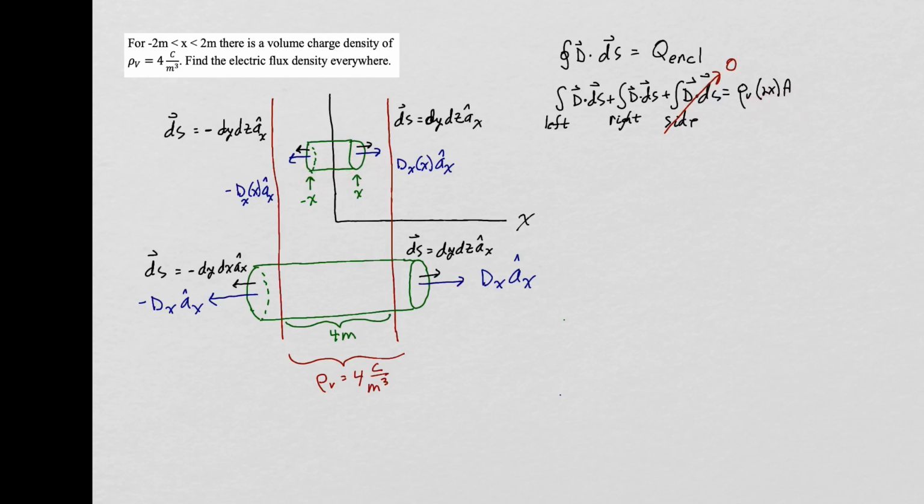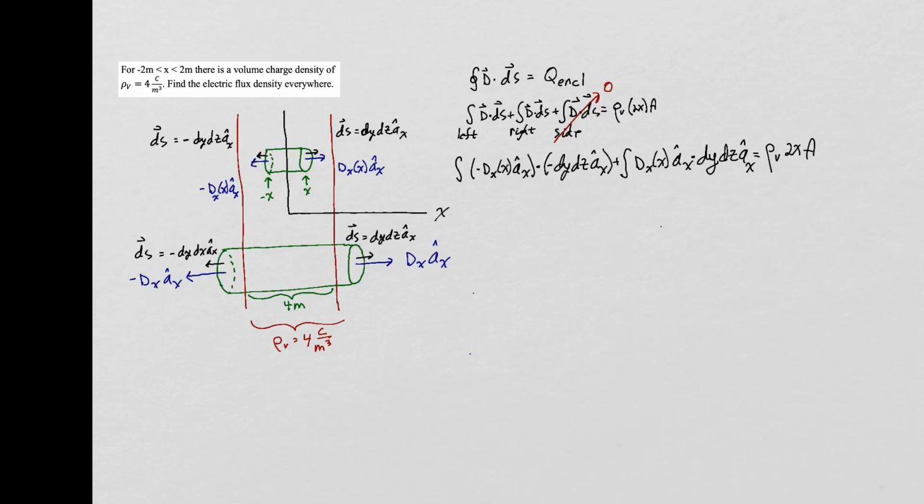So now we'll substitute for D and dS for the left-hand side here, and for D and dS here for our values here on the right-hand side. So the a sub x here and here will give us 1.